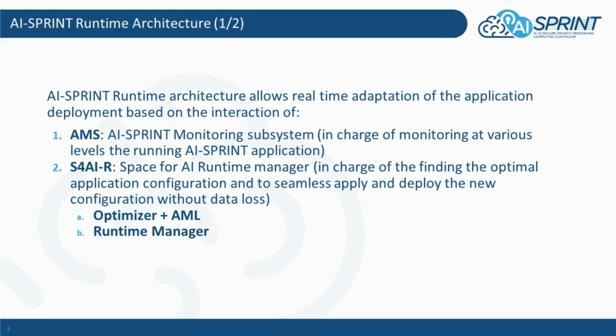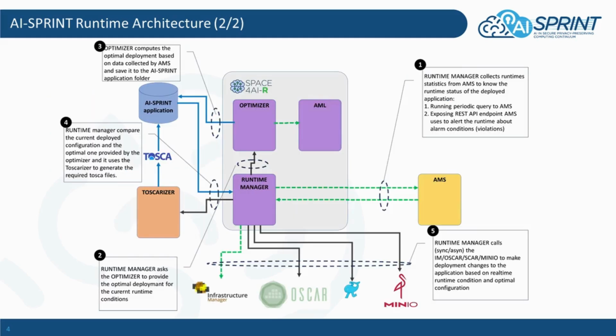Once we collect all the running conditions, the optimizer finds the optimal deployment and the runtime manager deploys the optimal application in a seamless way, avoiding any kind of data loss.